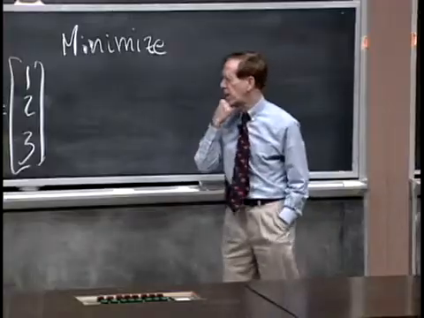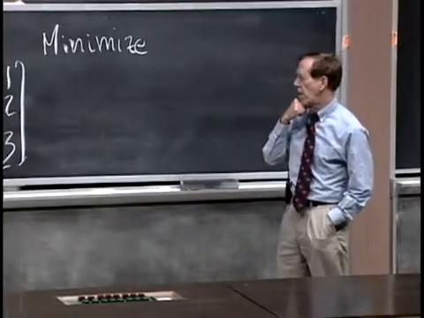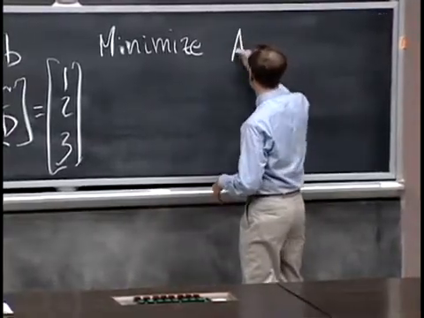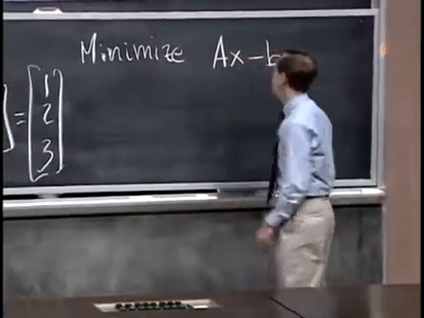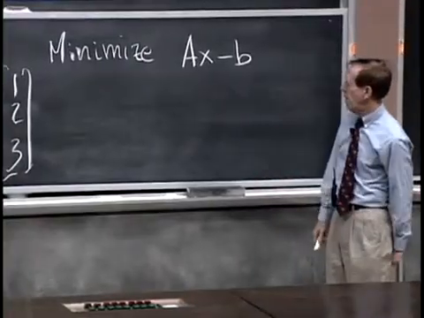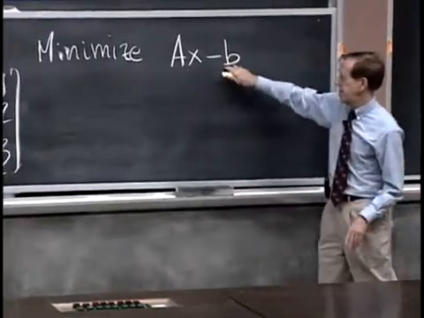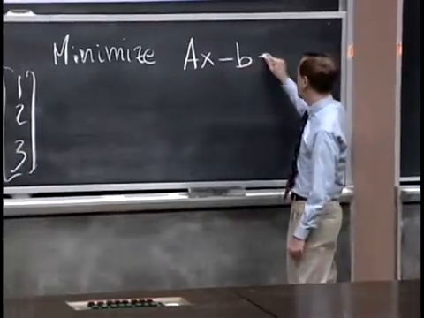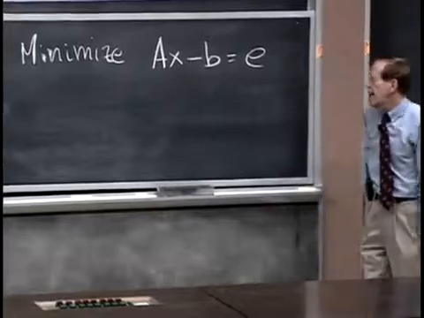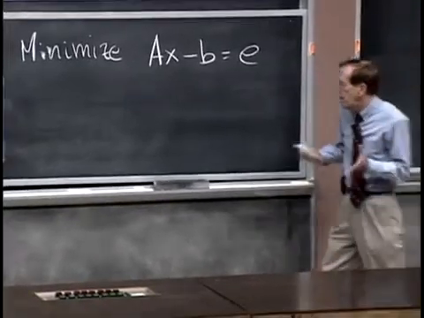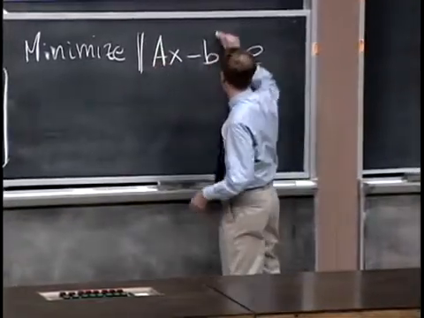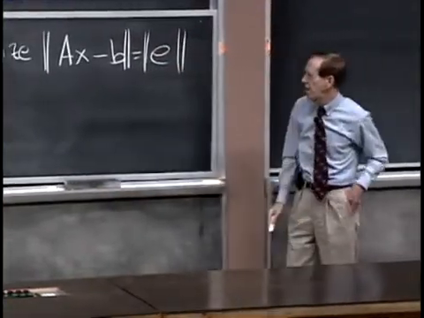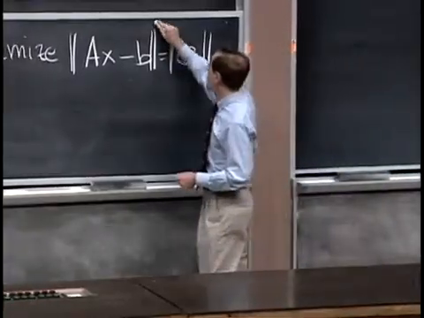It's a least squares solution I'm looking for. So those errors are the difference between AX and B. That's what I want to make small. And the way I'm measuring this is a vector, right? This is E1, E2, E3. The AX minus B, this is the E, the error vector. And small means its length, the length of that vector. That's what I'm going to try to minimize. And it's convenient to square.